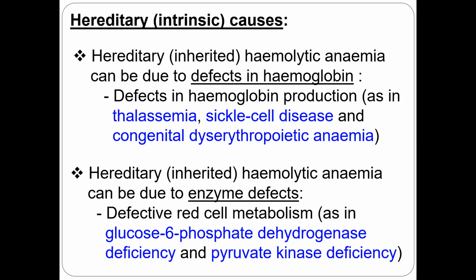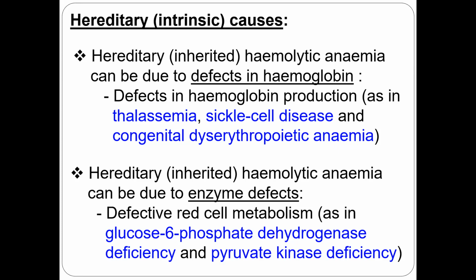Then we have pyruvate kinase deficiency. Pyruvate kinase is involved in breaking down glucose to generate ATP, I believe, releasing energy for the cells to survive. So when we don't have it, RBCs become dehydrated and abnormal in shape, and so hemolyze earlier than expected.